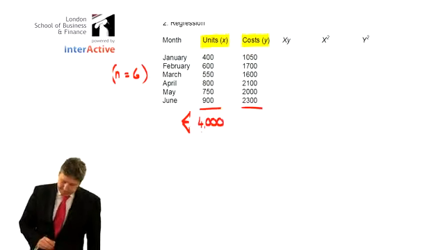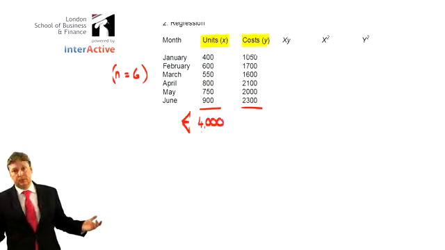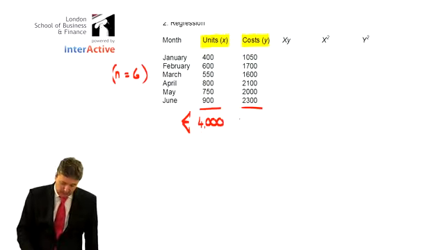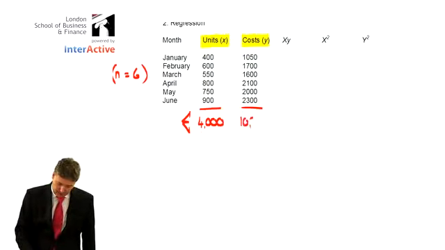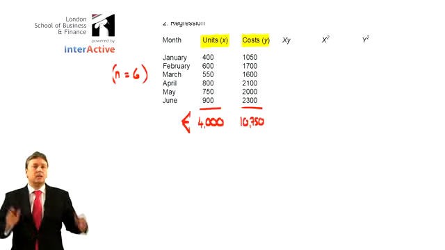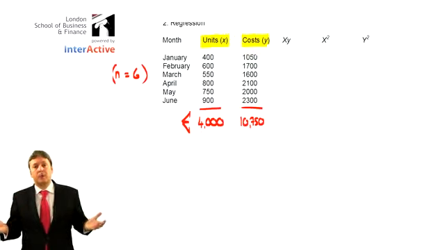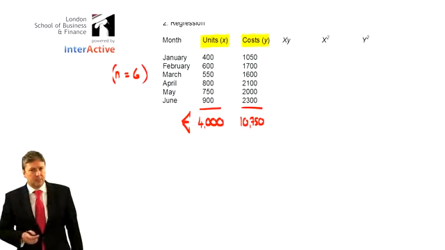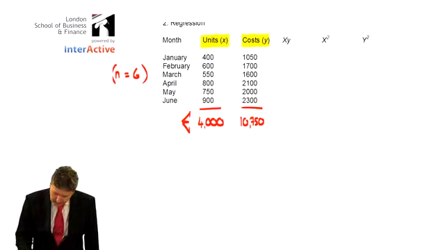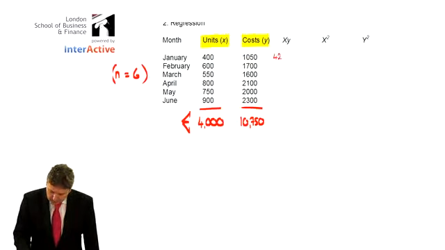The sum of y, we just want to add up. Each of these comes to something like 10,750. So let's look at summing x multiplied by y. First of all, let's multiply x by y. If we multiply 400 by 1,050, we get 420,000. We multiply 600 by 1,700, 1,020,000.